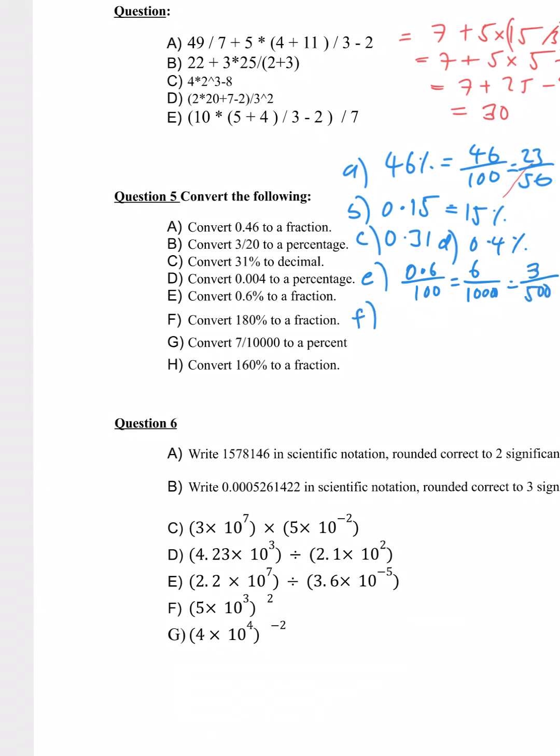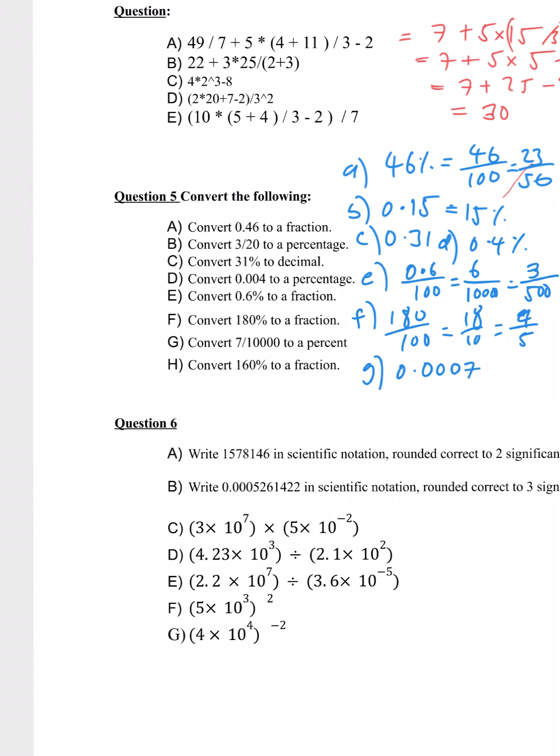Part F, 180% to a fraction. That's 180 over 100, and simplify, that's 18 over 10. And we can divide by 2, that is 9 over 5, and that's my fraction. 7 over 1,000 to a percent. So again, just put it into the calculator. If you say 7 divided by 1,000 on the calculator, you get this number, I think.